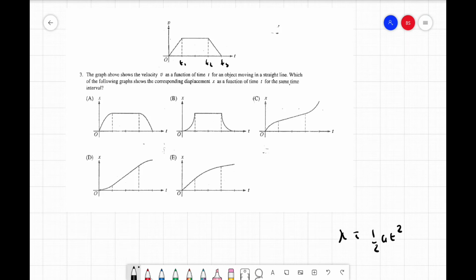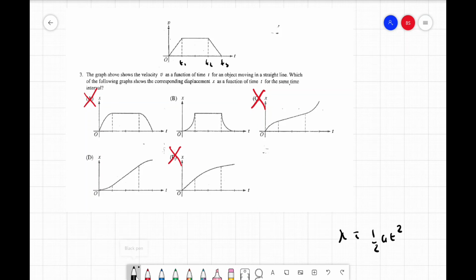Looking at our options, we see that only options B and D behave like a quadratic, which means that these options are incorrect. Now let's look at the second part of the journey between t1 and t2.